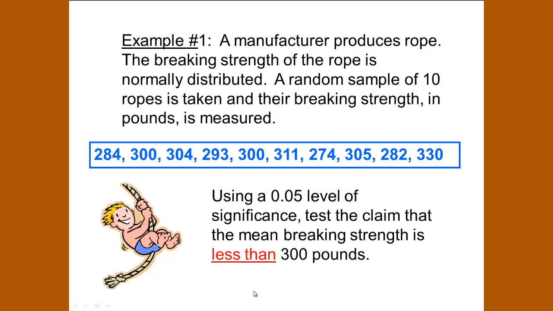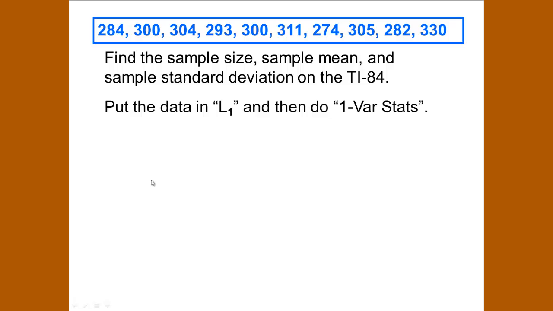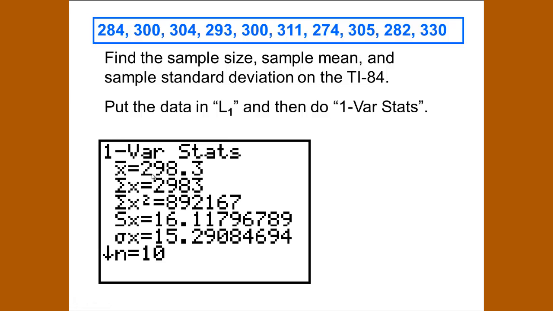Since we have data listed, the first thing we will want to do is find the sample size, sample mean, and sample standard deviation using our calculator, which can be a TI-84 or a TI-83. We will put the data in list 1 and then do one variable statistics. I won't go through the details of that, as I have explained it in previous videos.